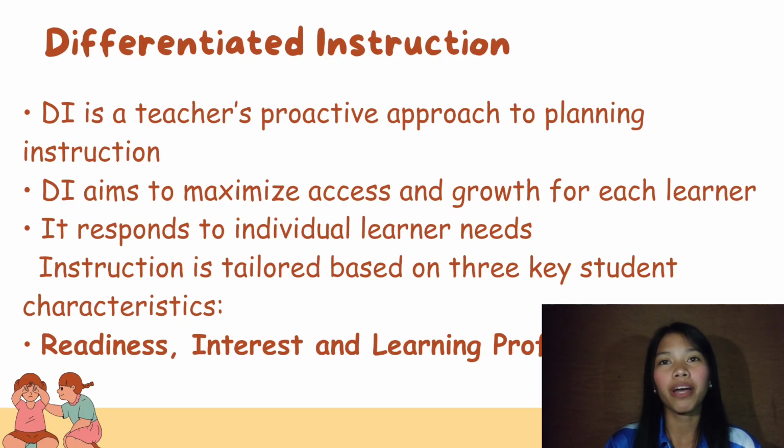So the first one is differentiated instruction. Differentiated instruction is a teacher's proactive and responsive strategy. It's the opposite of a one-size-fits-all approach. The teacher plans with the goal of maximizing access and growth for each unique learner by anticipating and responding to their individual needs.